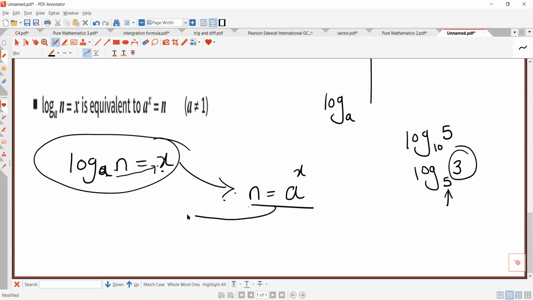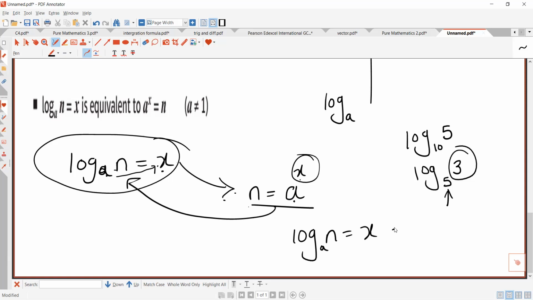If you want, you can convert it to this also. How? Remember, your power is always left alone, and whatever is below the power becomes the base. So whatever is below the power becomes the base, okay? And your power is left alone now. Understood, everyone? Guys, everyone, understood?